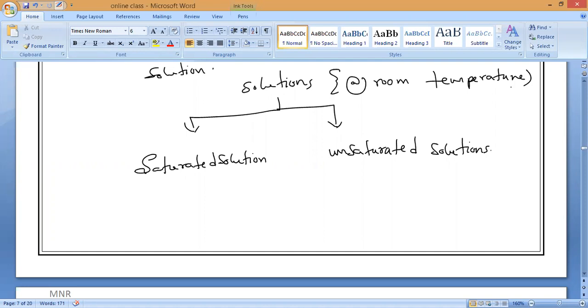More solute will dissolve, and in some solutions, less solute will dissolve. That is why temperature is always a factor. Temperature should not vary. Temperature must be constant. Is it okay? Everyone, please respond.